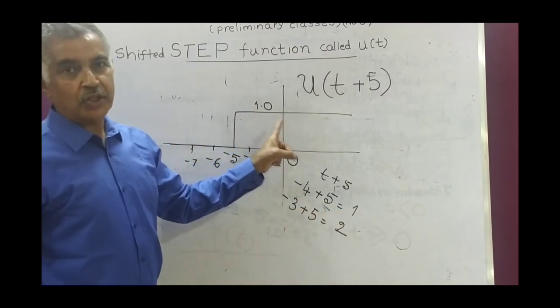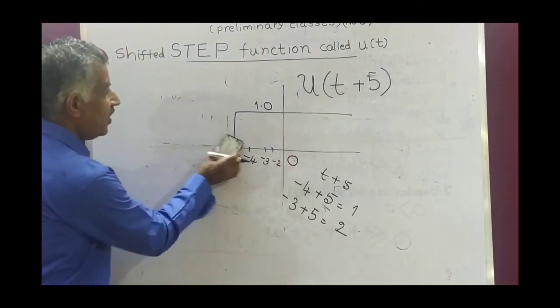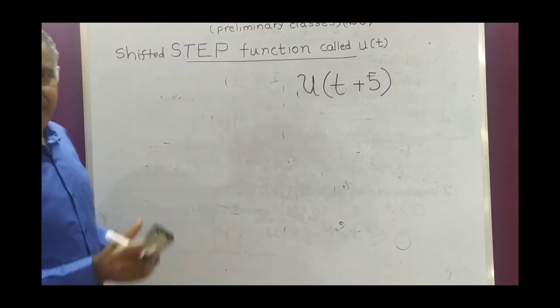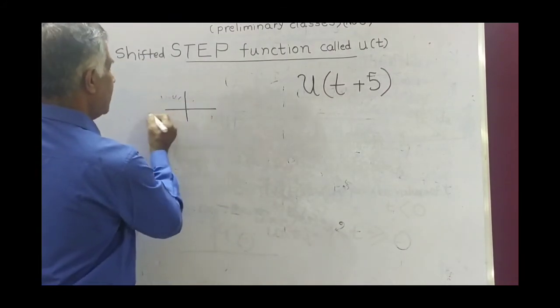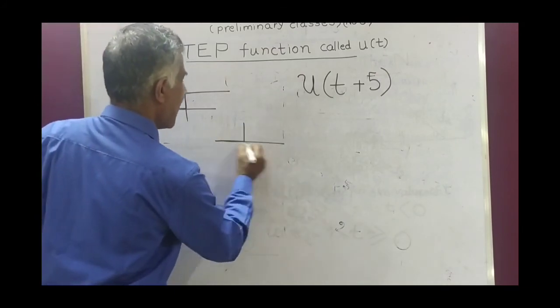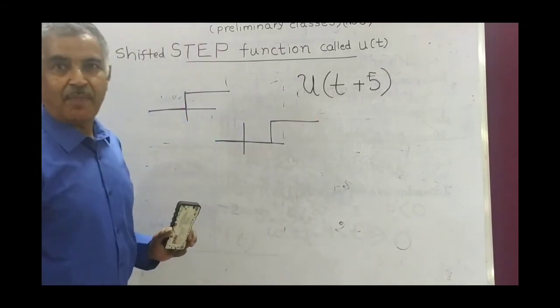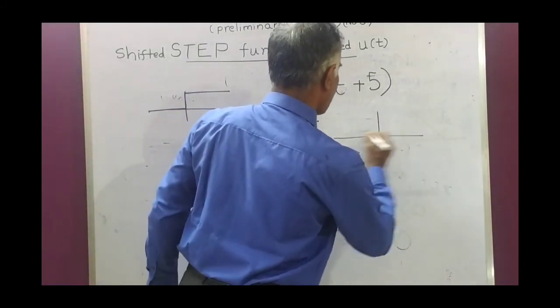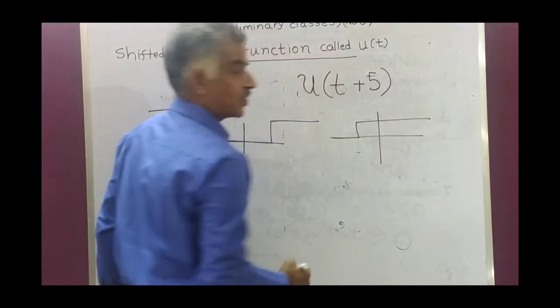So now you understood what is a step function and what is a shifted step function. In this session I explained this as the step function, this as a delayed step function, that is postponement, and this as preponement.